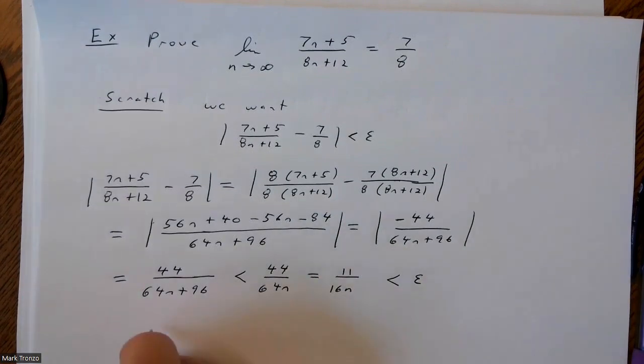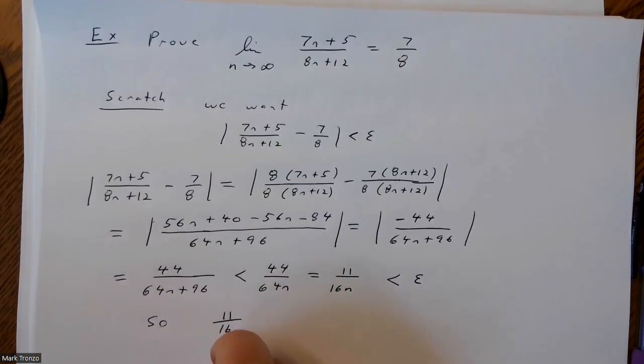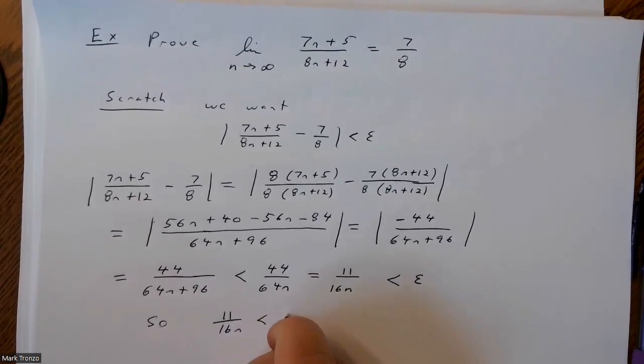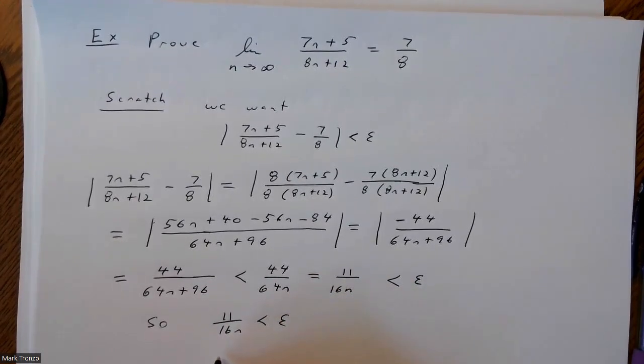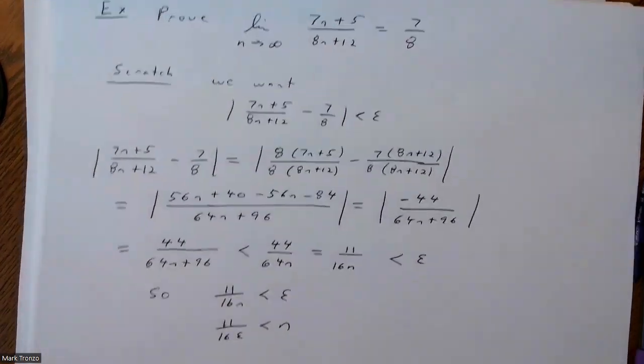And so, let me just write it like this. Again, you don't have to repeat this all these times that I'm doing it. If we cross multiply again, we'll end up with 11/16 epsilon less than n.